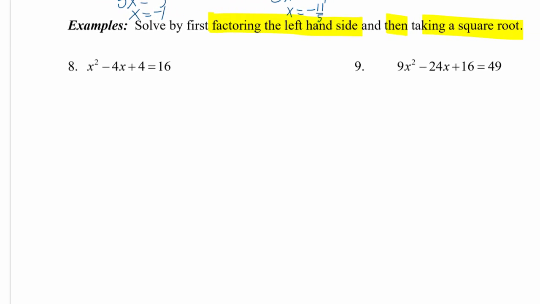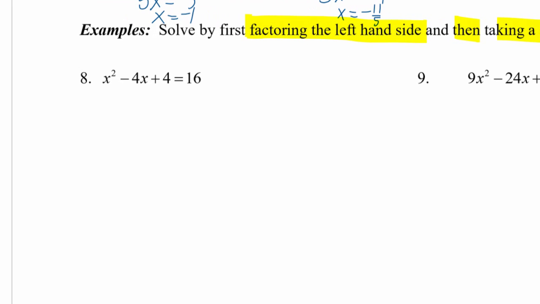Okay, so x squared minus 4x plus 4. That factors as x minus 2 squared, right? Because we have 2 numbers that multiply to positive 4 and add up to negative 4: negative 2. Two of those, right?